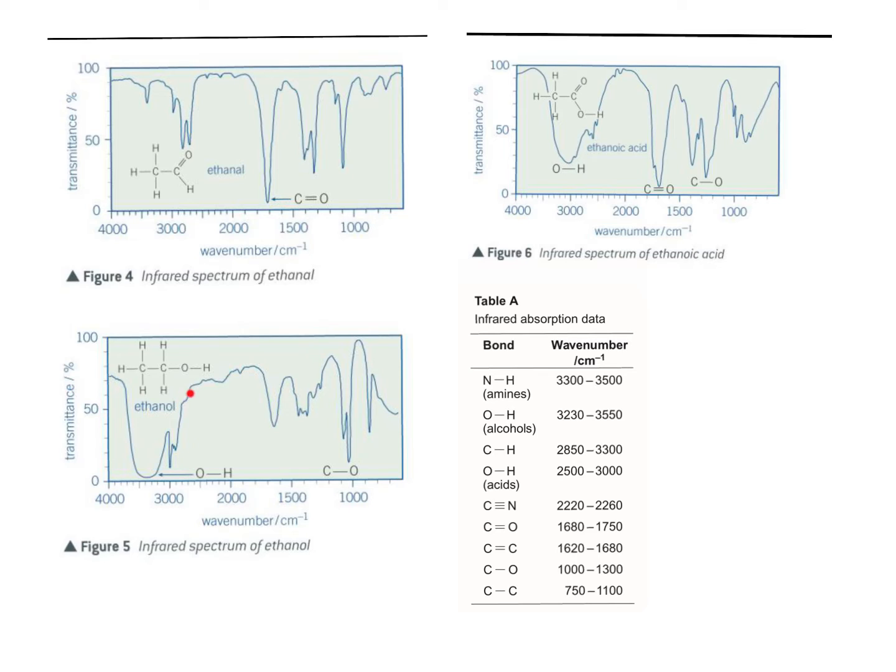If we go to ethanol, there is no carbonyl group, and hence there is an absence of a sharp peak at 1680 to 1750. So how do we distinguish the aldehyde from the carboxylic acid? Well, the carboxylic acid, as well as having a carbonyl group, also has a hydroxy group on the same carbon.